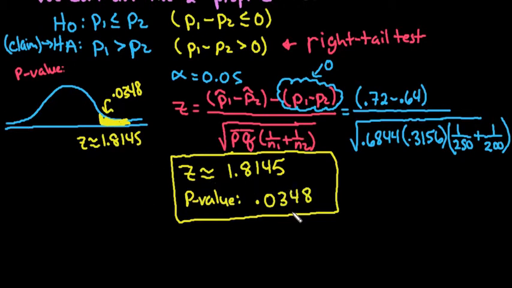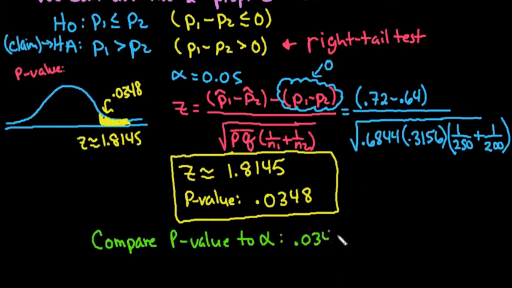All right. So now we need to make our decision, and remember that our decision rule is we are going to compare our p-value to alpha. If the p-value is less than or equal to alpha, we reject. If the p-value is greater than alpha, we fail to reject. So our p-value is 0.0348, and our alpha is 0.05.